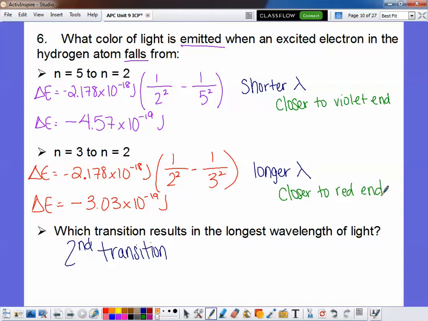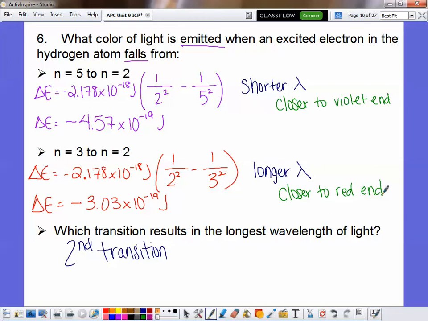So if this were a question on the AP exam, you wouldn't need to actually go through the whole calculation of delta E. You would just need to know that N3 to N2 is a shorter transition, so it would emit light with a longer wavelength because it's less energy. We honestly could have totally answered this question without doing the math behind it. I just wanted to show you the math.